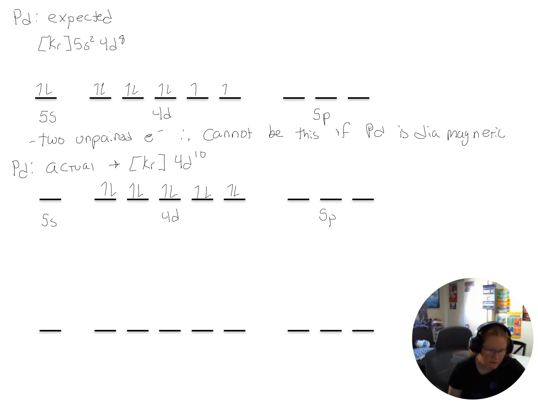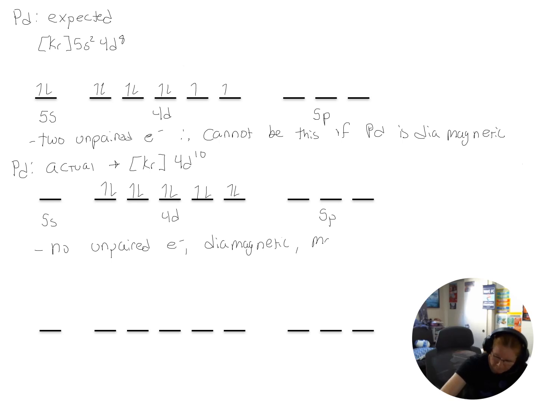So we have no unpaired electrons, diamagnetic, which matches the experimental data. Okay, we're good to go there.